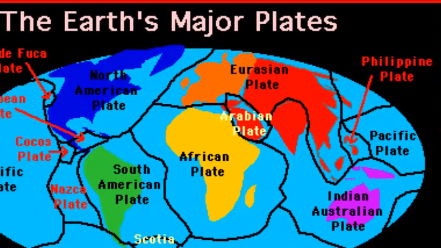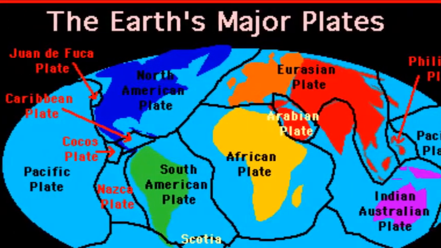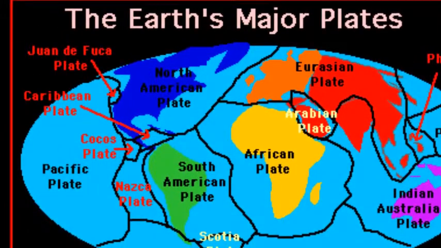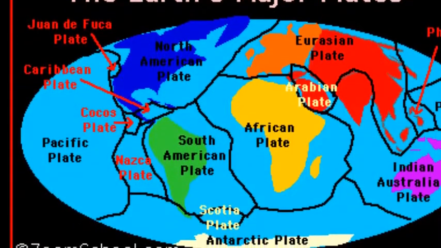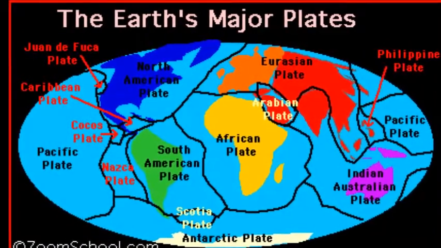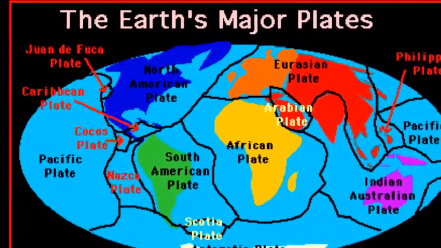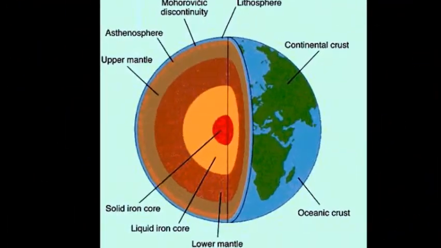Plate tectonics. Plate tectonics refer to crustal movements of plates on Earth's surface. The Earth's crust is made up of a series of slabs or plates.